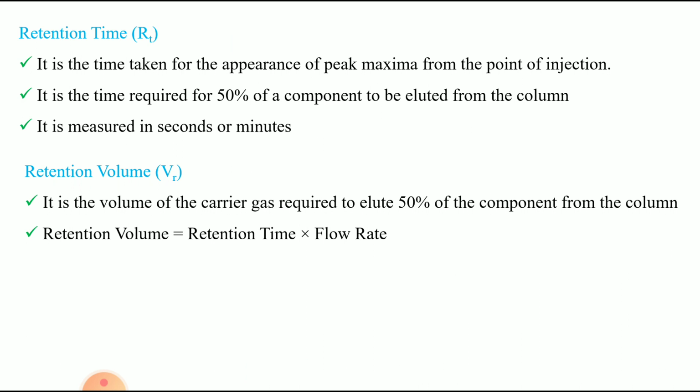When you inject a compound, after some time we get a peak maxima or a peak. The interval between the injection and the appearance of the peak is called the peak retention time. At this retention time, 50% of the compound is eluted from the column, and we measure it in seconds and minutes.